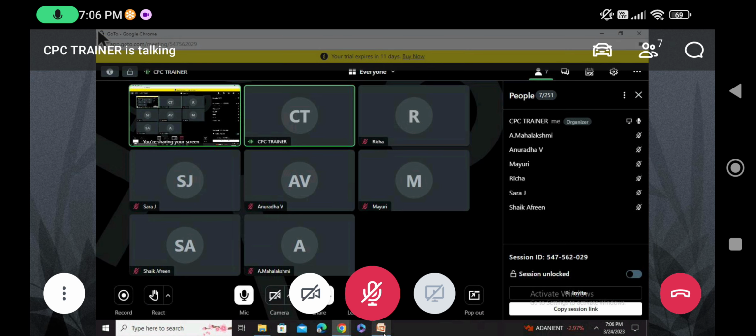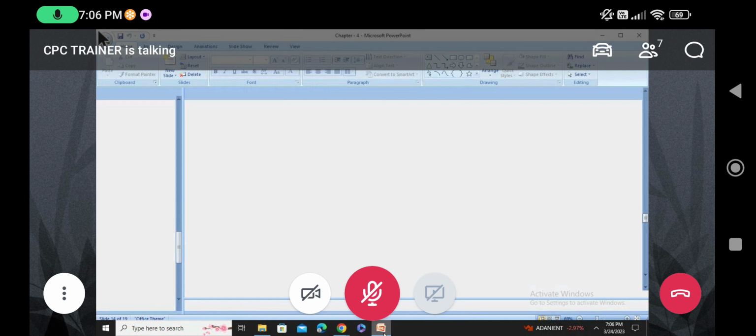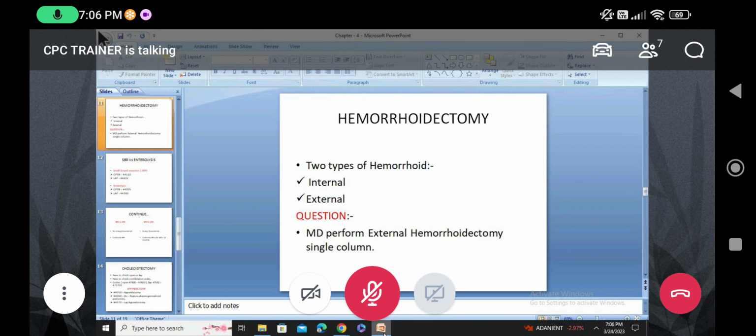So till now we have discussed tonsillectomy, adenoidectomy, then esophagectomy, then appendectomy, and then cholecystectomy. The next topic is hemorrhoidectomy, guys. Hemorrhoid, we know, is one of the conditions. We have two types of hemorrhoid: one is the internal hemorrhoid, the next one is the external hemorrhoid.